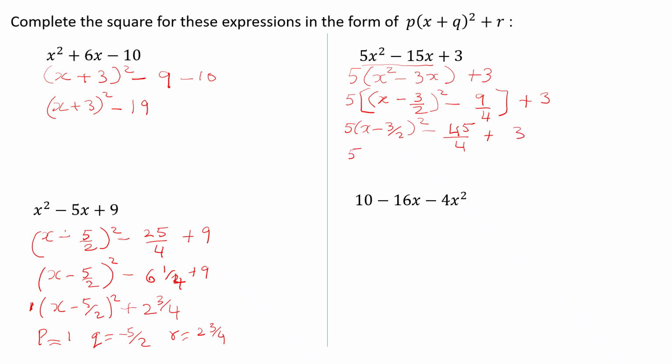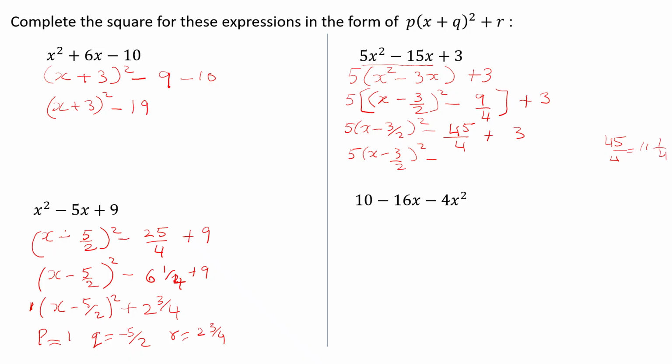So 5 times x minus 3 over 2 squared minus 45 over 4, which is 11 and a quarter.